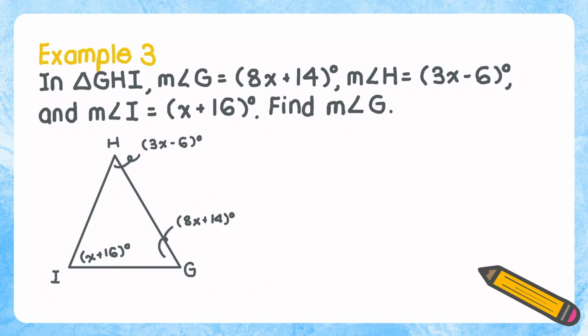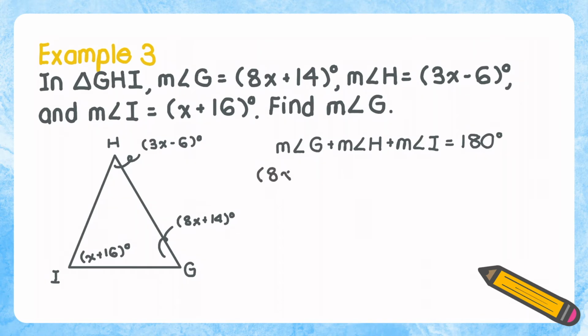And we know that these three interior angles will sum to 180 degrees. So I know that the measure of angle G plus the measure of angle H plus the measure of angle I equals 180 degrees. And we're given the angle measures.